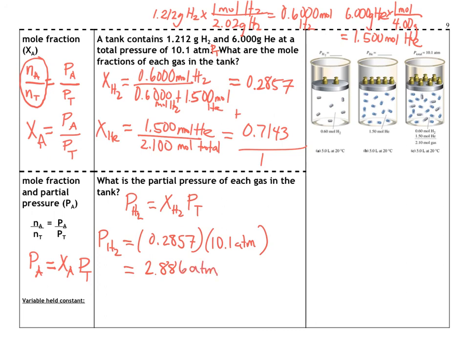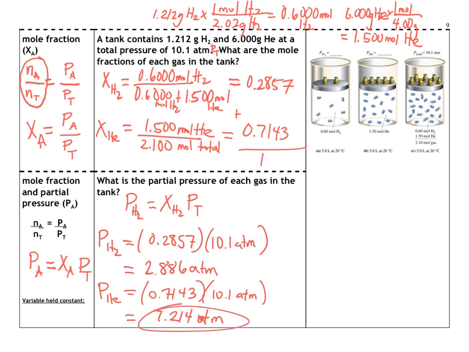So this is the partial pressure of hydrogen gas. Now we can do the same thing for helium gas, but using its mole fraction, 0.7143 times 10.1 atm. And that equals 7.214 atm.